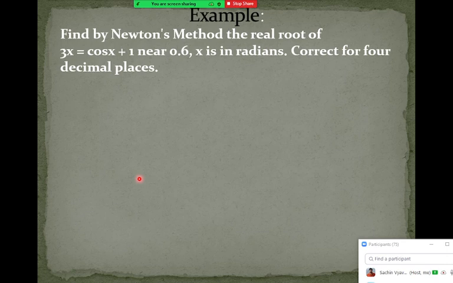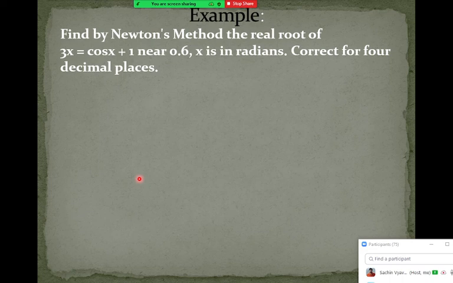Third example. What is the best part in this question? Yes, anyone? What is the best part of this example? Near 0.6. Near 0.6 is given.